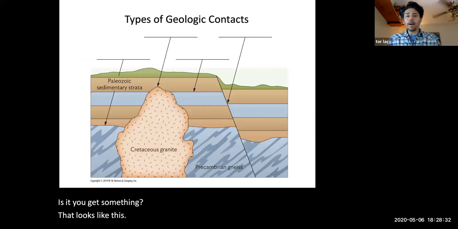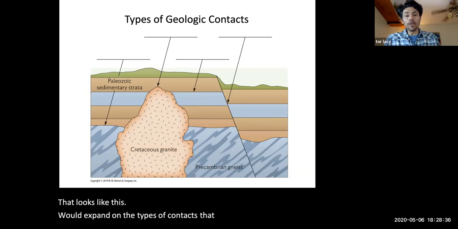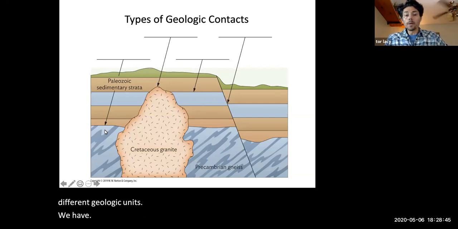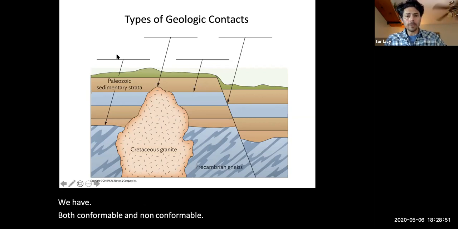I'm going to expand on the types of contacts that can exist between two different geologic units. We have both conformable and non-conformable geologic contacts.